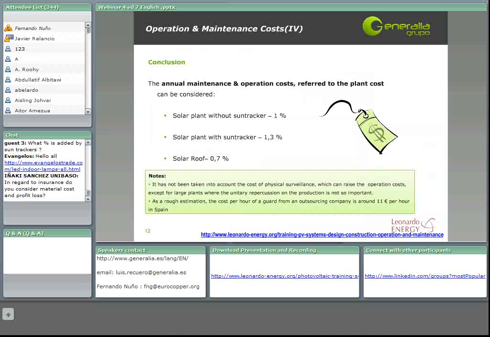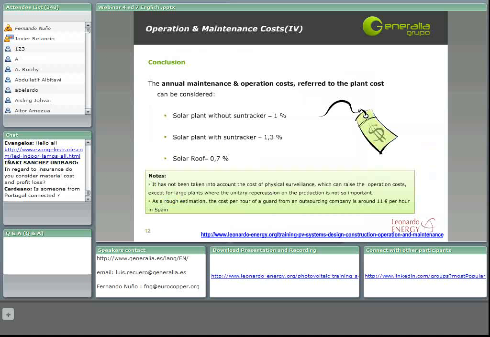To end with this chapter, we can say that from our experience, the annual maintenance and the operation cost referred to the plant cost will be around 1% for a solar plant that doesn't have sun trackers, about 1.3% for a solar plant that includes sun trackers, and about 0.7% for solar plants in over solar roofs.